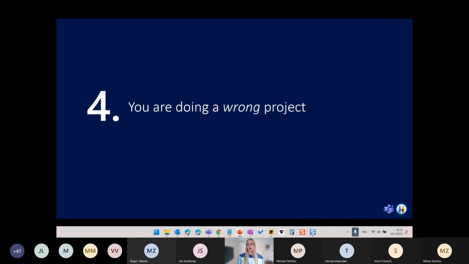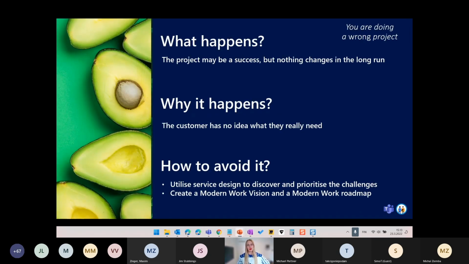And now we have avocados, not unicorn muffins, but avocados. We may have a very successful technical implementation project. We may do a very new, cool, shiny SharePoint intranet. But one year passes, two years go on, and nothing has really changed.